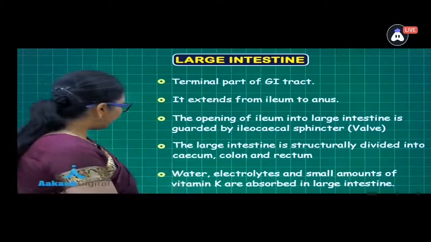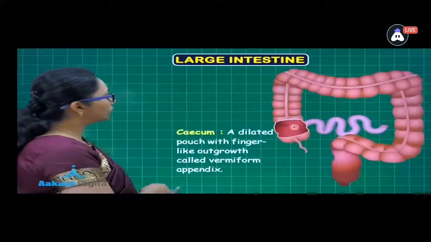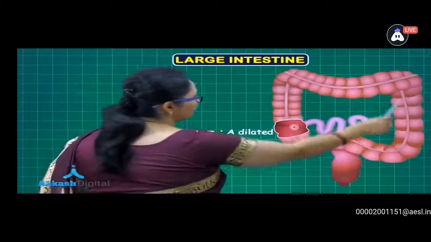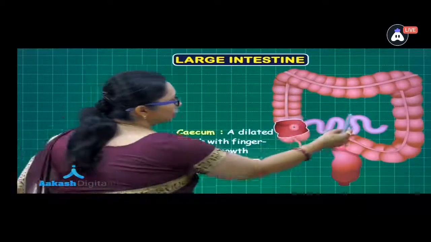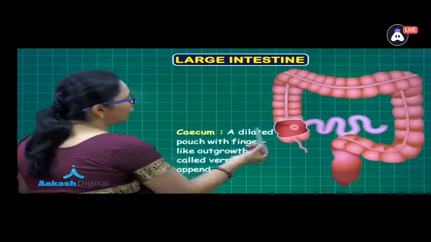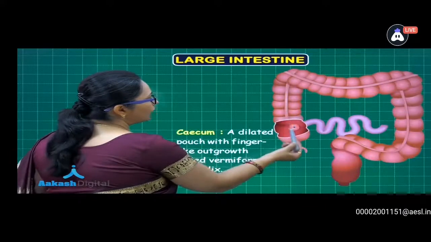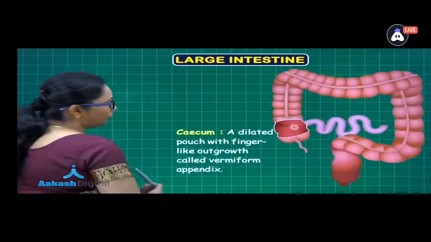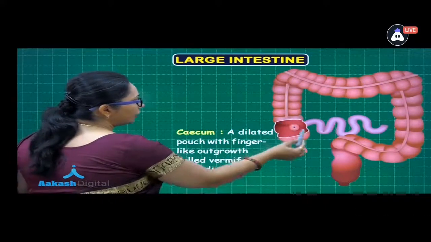So let us take up the structure of this large intestine. Here we see the large intestine, and this is the ileum. This ileum is opening into the first part, that is the cecum. And at this opening there is the ileocecal valve. Now this cecum is a dilated region.